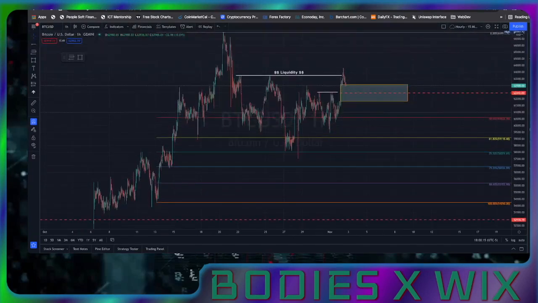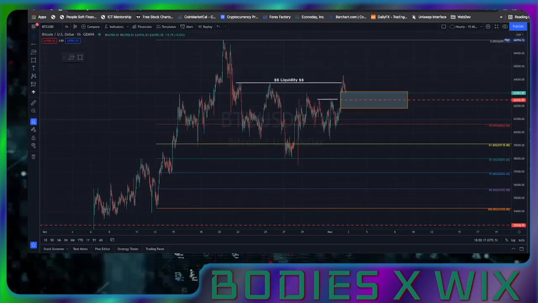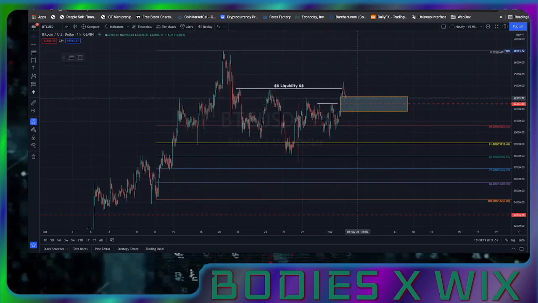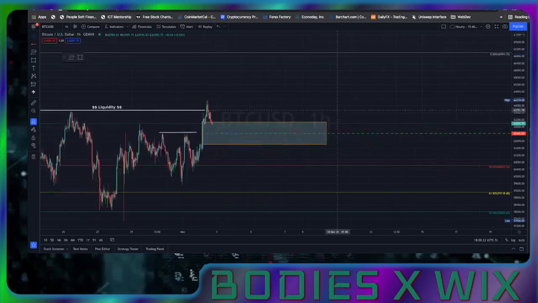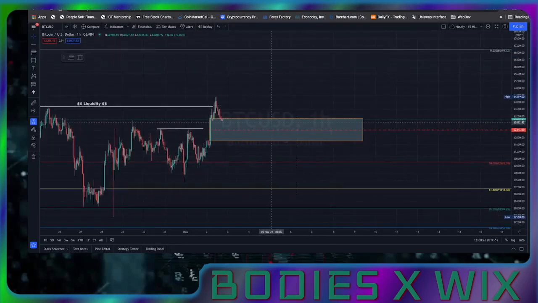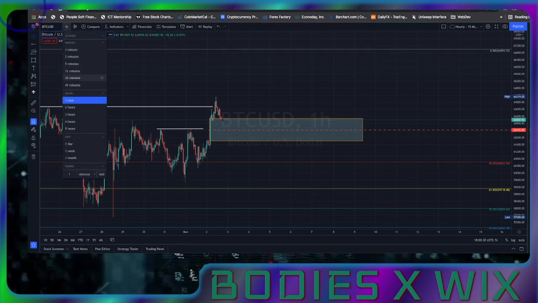Now we do see that Bitcoin has this 15-minute fair value gap, or 1 hour fair value gap, and it looks like it just dropped below it. I want to drop down to the 15-minute, not 30.